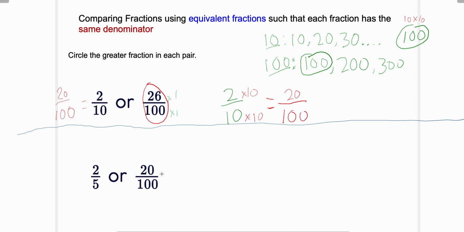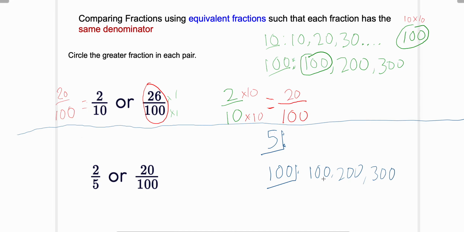So step 1, list the multiples of your denominators. So my denominators are 5 and 100. So let me list the multiples of 5 until I can find the common multiple with 100. And notice something. The multiples of 100 are 100, 200, 300, 400, etc., right?